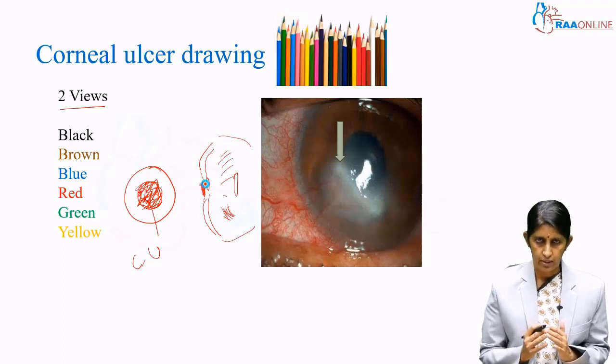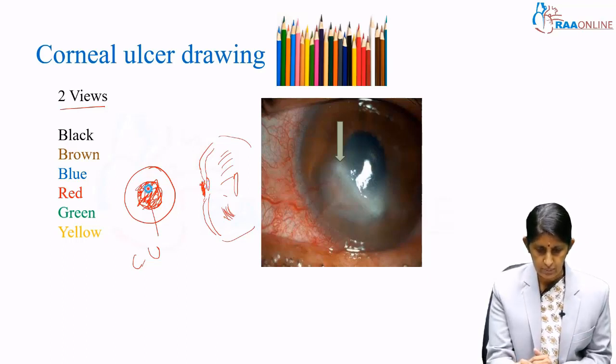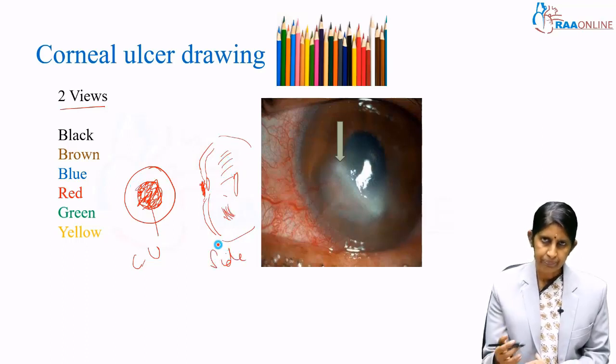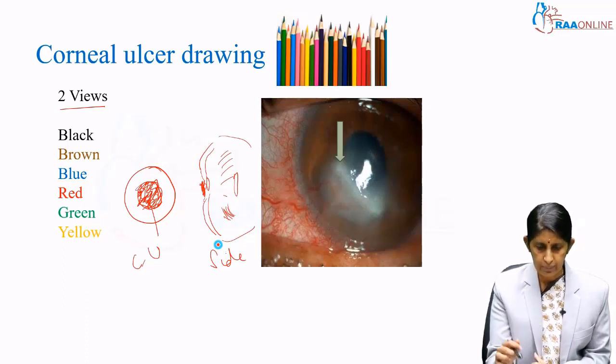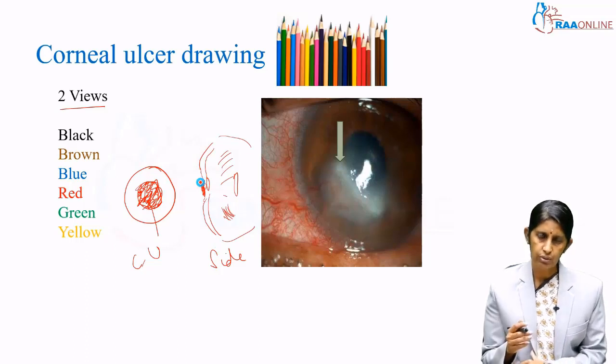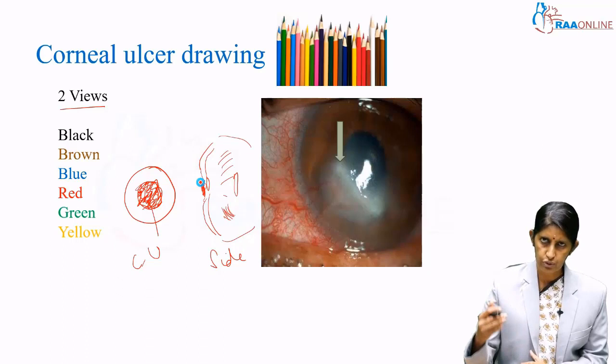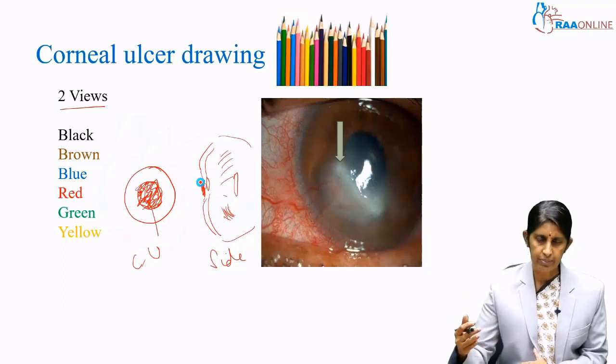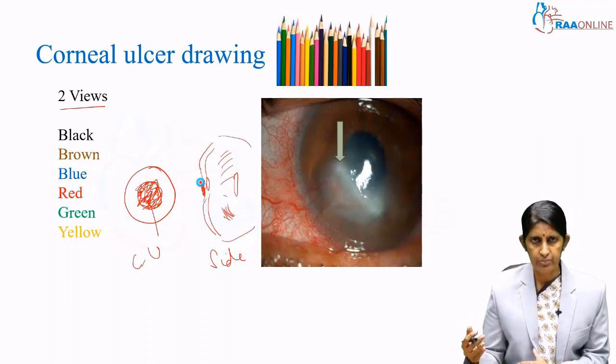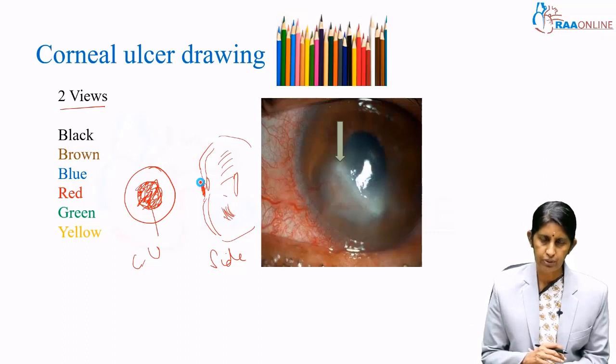When I see the diffuse view, I know that the visual axis is blocked and the ulcer is centrally placed, but the side view is very important to see the depth. The depth cannot be assessed by the diffuse, anterior-posterior view, but it can be assessed by this. We need to know how deep it is, whether it's invading only the epithelium, whether it has gone to the stroma or to the Descemet's membrane, because when it reaches the Descemet's membrane, it is likely to threaten a perforation of the cornea.